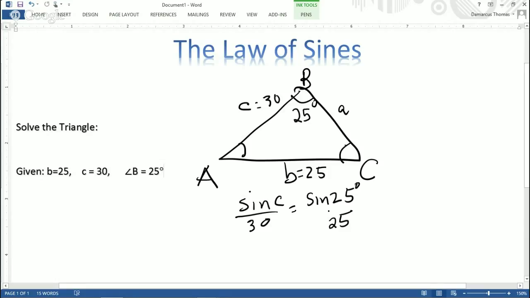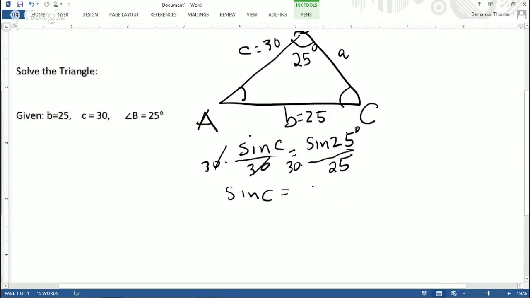If I multiply both sides by 30, I get that sine C is actually equal to 30 times sine 25 degrees over 25.